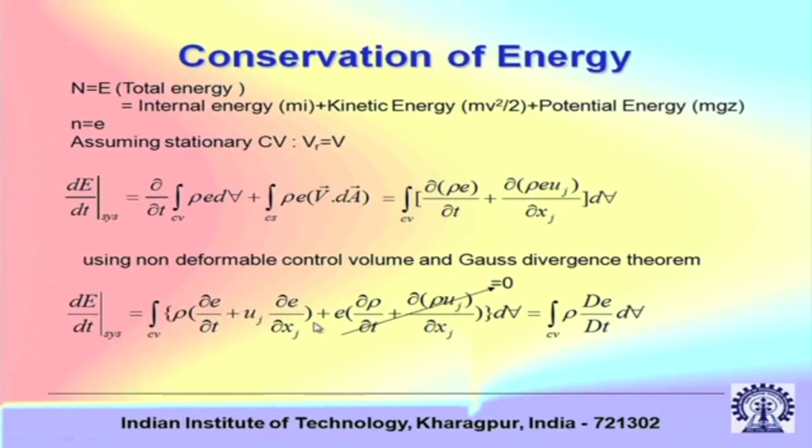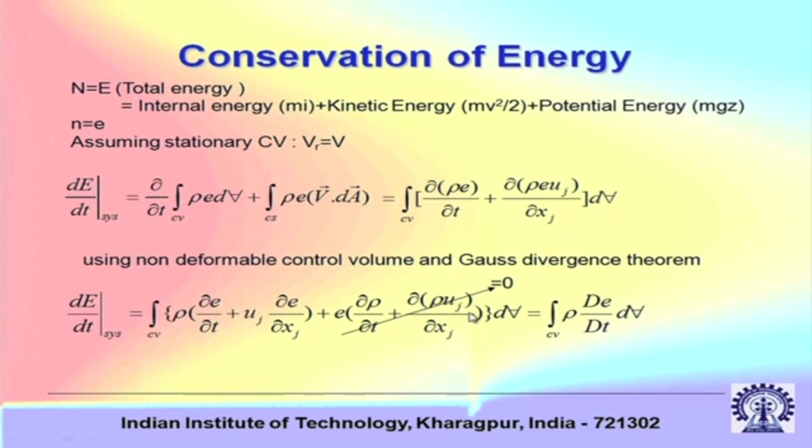What we are doing, you have rho into del E del t. So, del del t of rho E is rho del E del t plus E del rho del t, these two terms. Then del del xj of rho E uj is rho uj into del E del xj plus E into del del xj of rho uj, just like what we did for the Navier-Stokes equation, very similar.